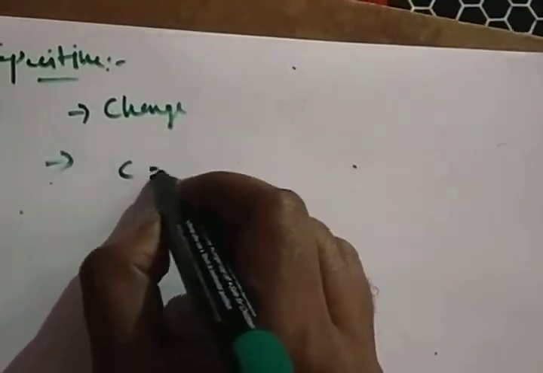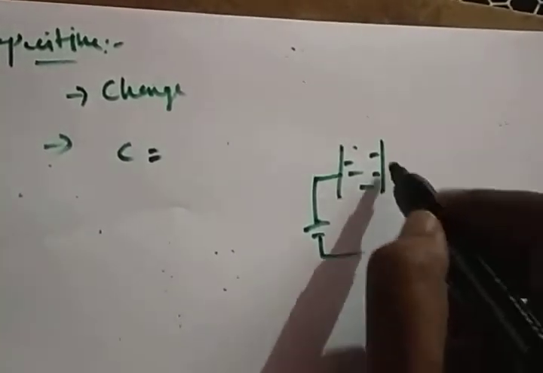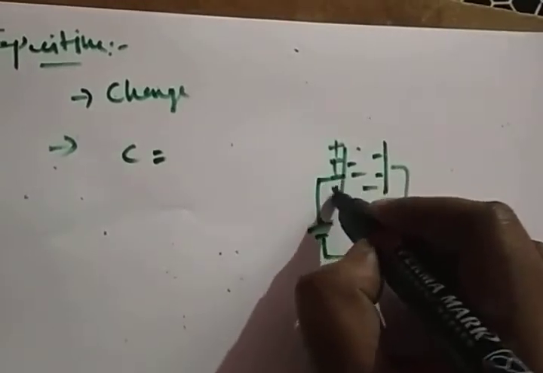So what is a capacitive transducer? It can measure the non-electrical quantity by measuring the change in the capacitance. How does the capacitance change? In the last session, you know the formula for a capacitor: there will be two parallel plates with a dielectric medium placed between them. When you apply a voltage, the charge will be accumulated.